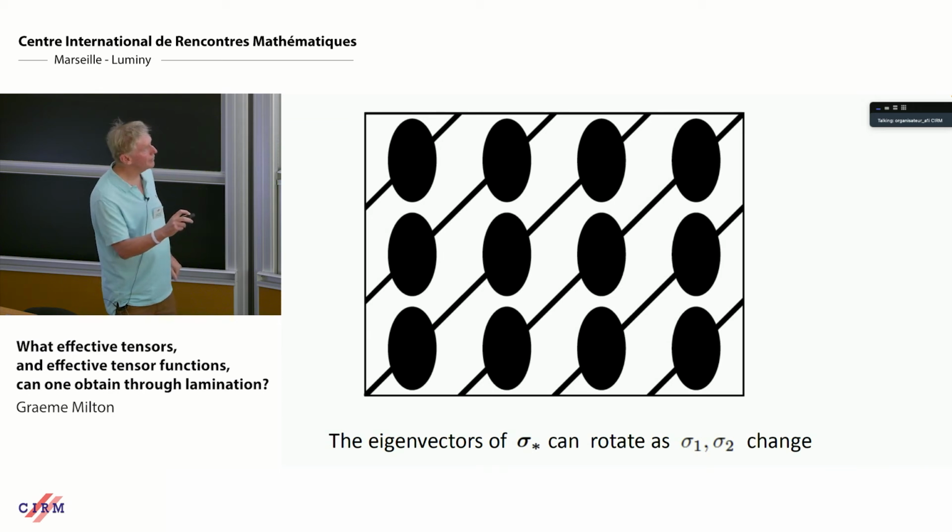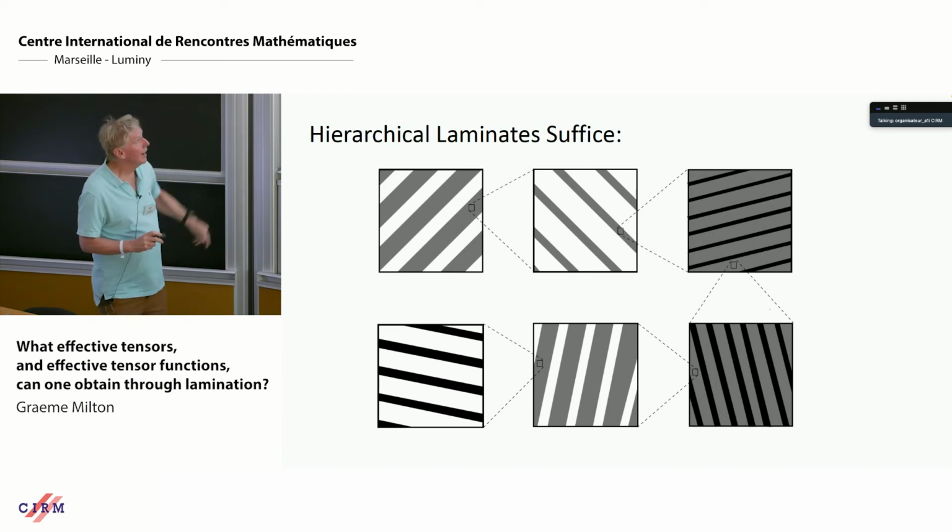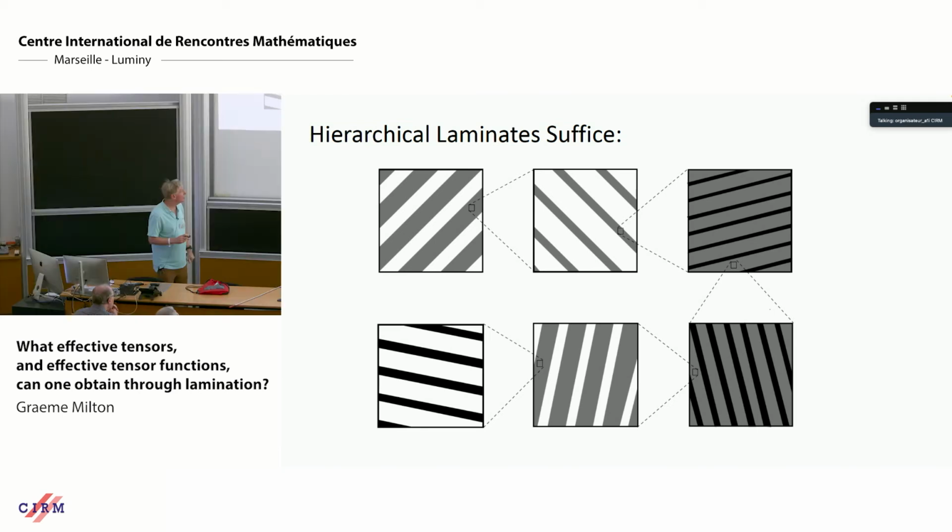But if the conductivity is very large, the current is going to flow along these lines, and so you have a different orientation. And then you can prove that a hierarchical laminate scheme actually suffices in 2 dimensions to mimic any possible response of any composite material.